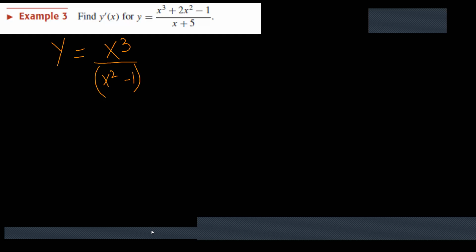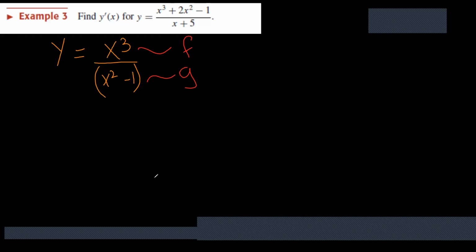The first step, as we did in the multiplication, I will name the first function f and the second one g. So let's name it now. This is f and this is g.